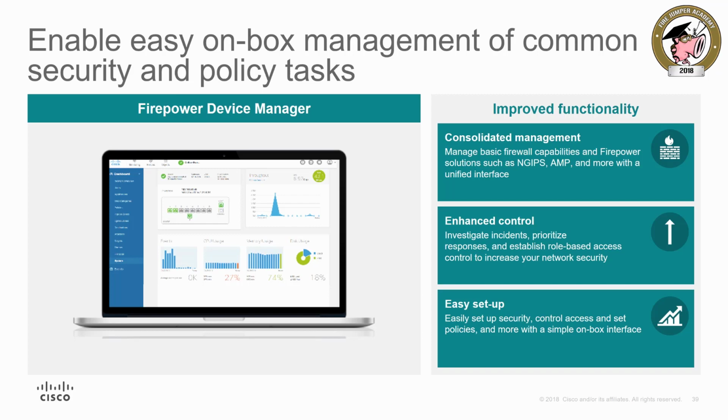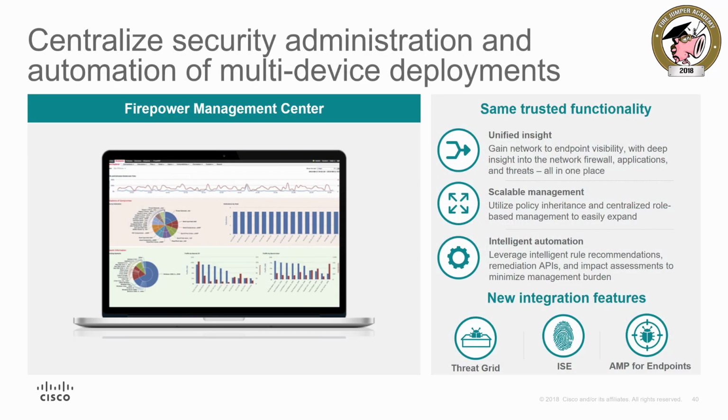So in terms of centralized security administration and automation of multi-device deployments, you can leverage Firepower Management Center. This can deliver comprehensive network visibility and control for multi-site deployments in one centralized location.